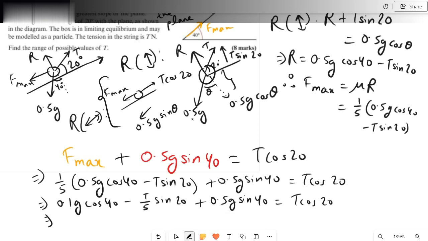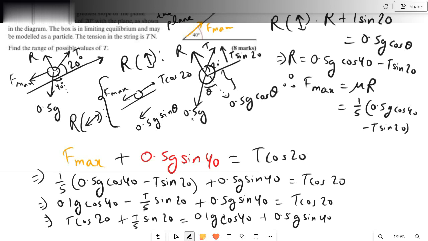So, rearranging the T terms, we get T cos 20 plus T/5 sin 20 is equal to 0.1g cos 40 plus 0.5g sin 40.